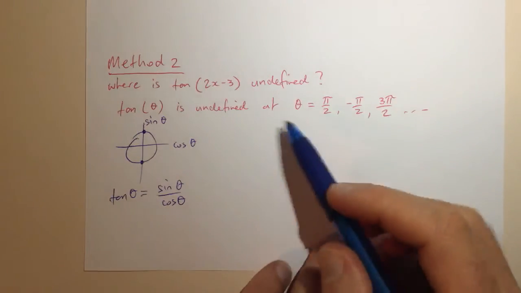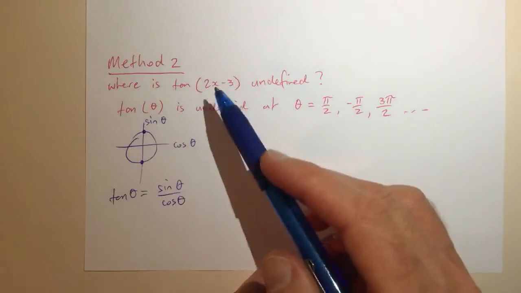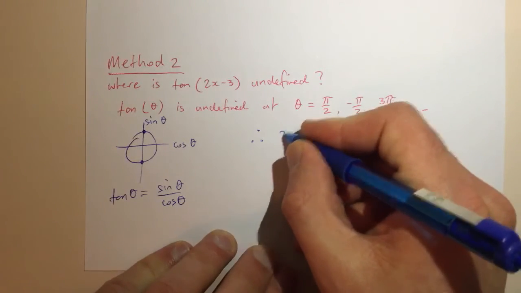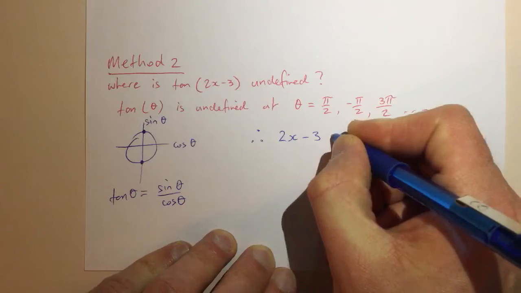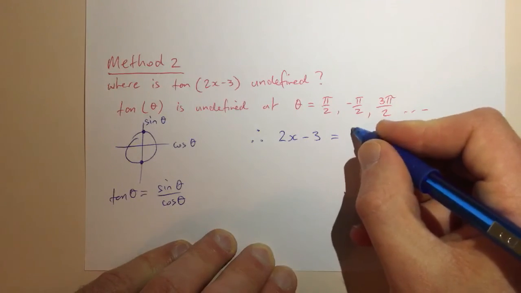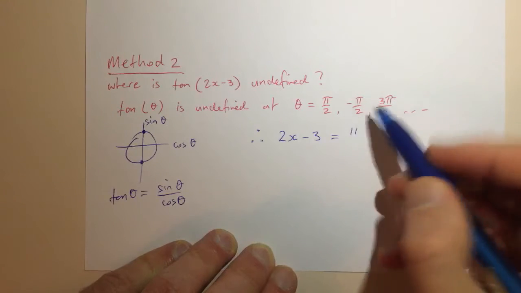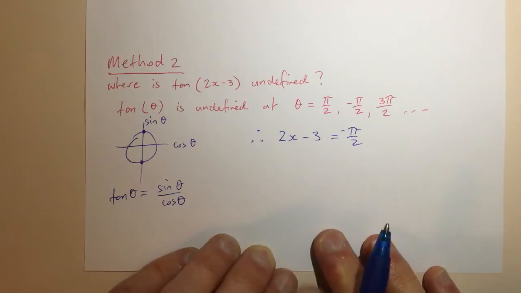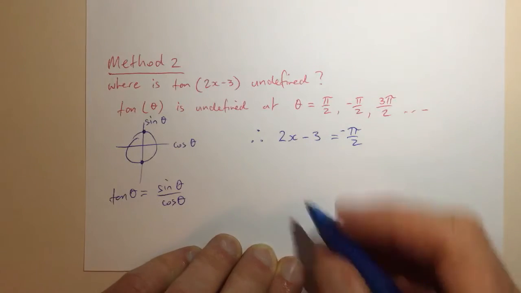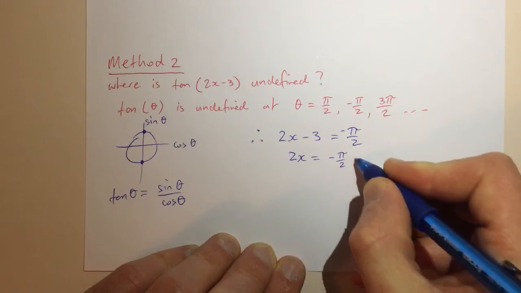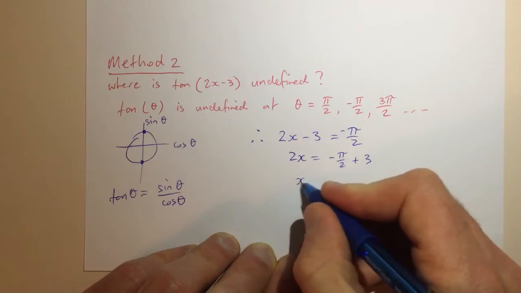So in our question, theta, the angle, is 2x minus 3. Therefore it's undefined when 2x minus 3 is equal to, let's start with the smallest one, negative pi on 2. If 2x minus 3 equals negative pi on 2, then 2x would equal negative pi on 2 plus 3.